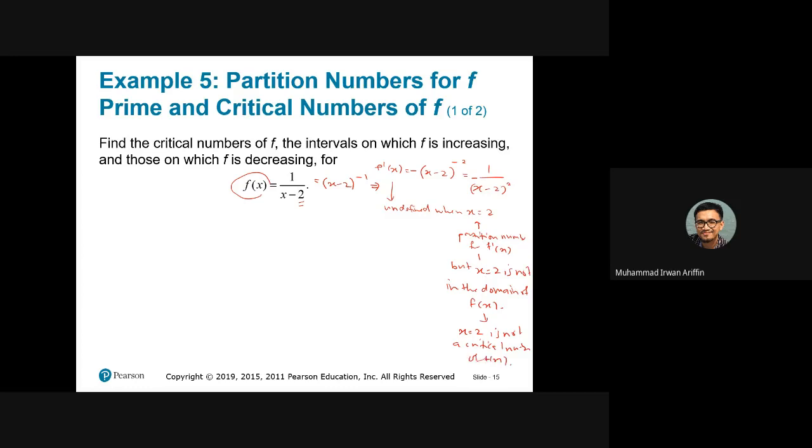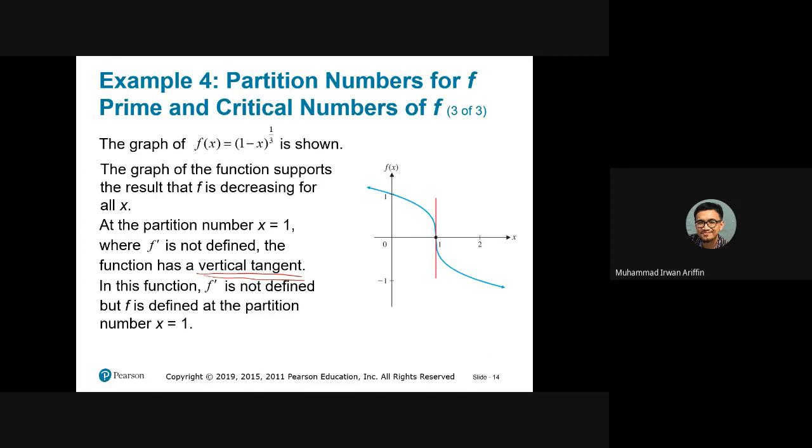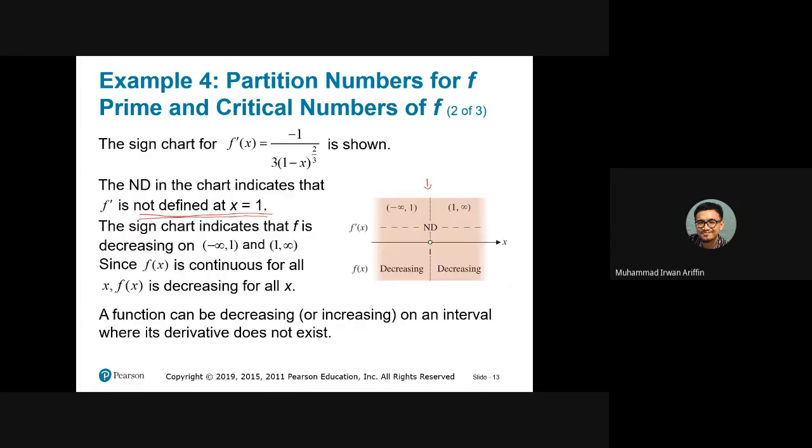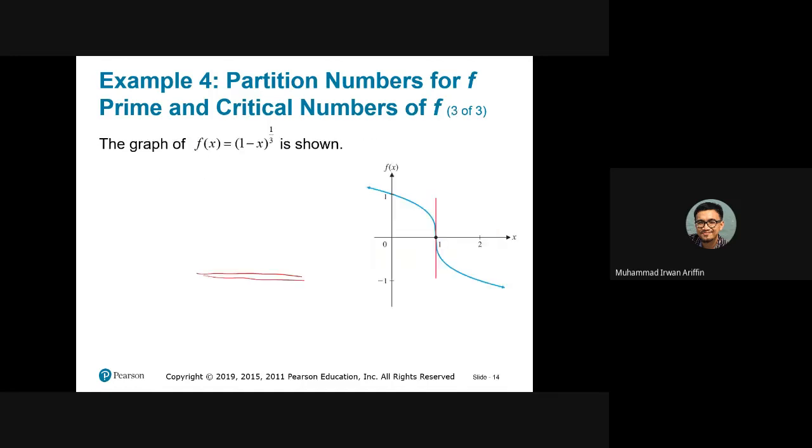Now, this is different from the previous example. There, for the derivative, x cannot take the value of 1 because the derivative would be undefined. But the function itself is okay. It is defined, it exists, and it is continuous.